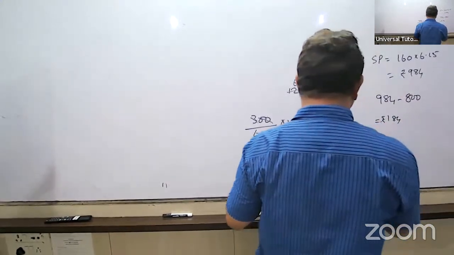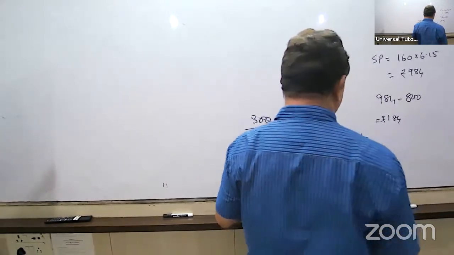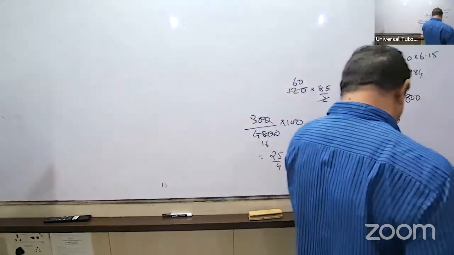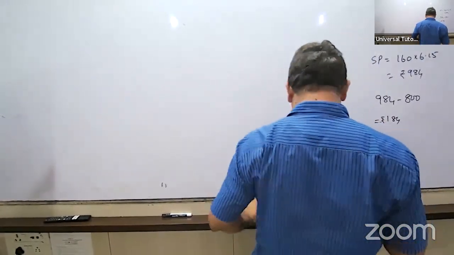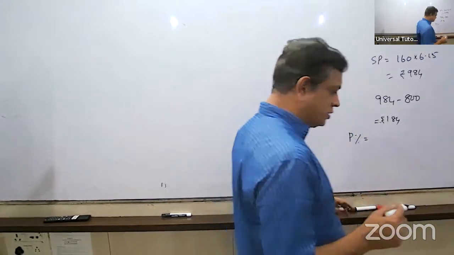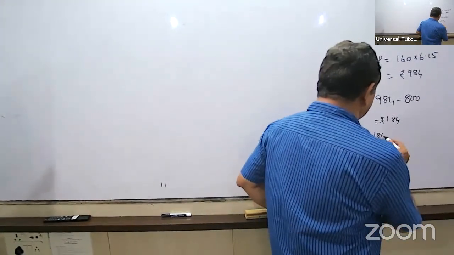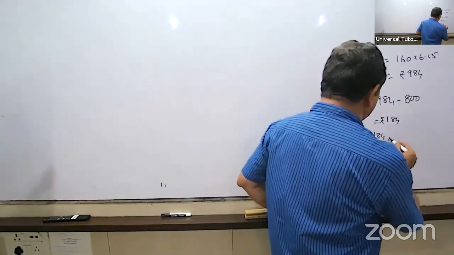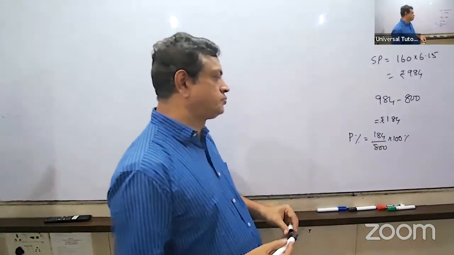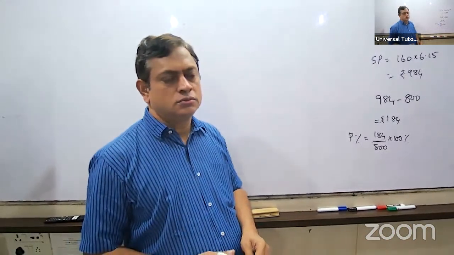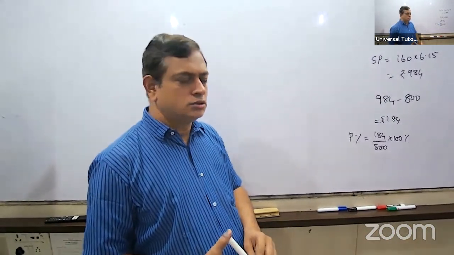Therefore, profit percent is profit upon sum invested into 100, that is 184 upon 800 into 100. Zeros cancel. 23. Done.